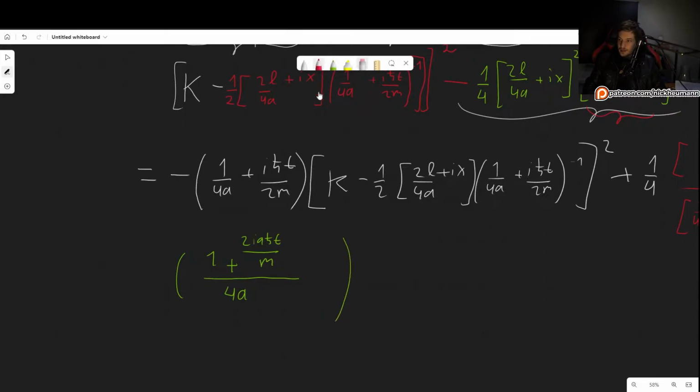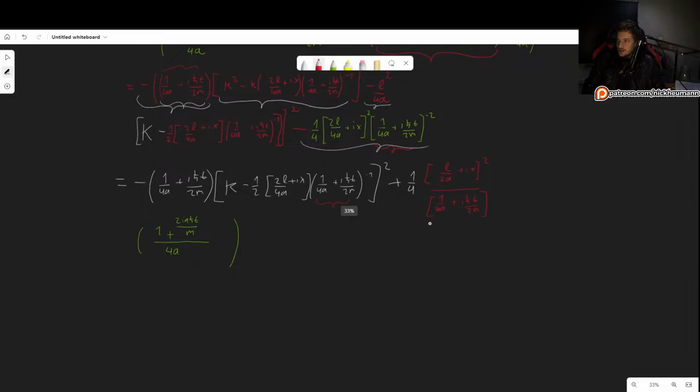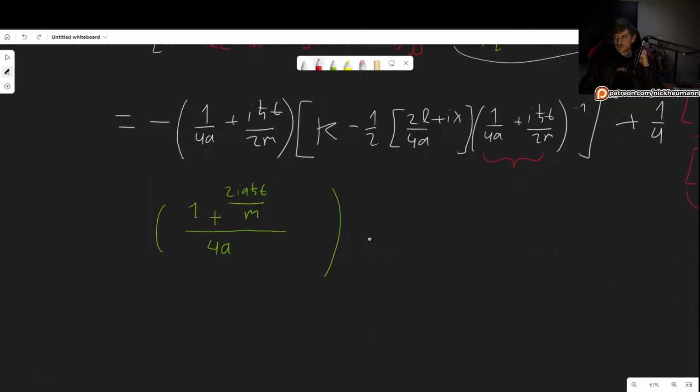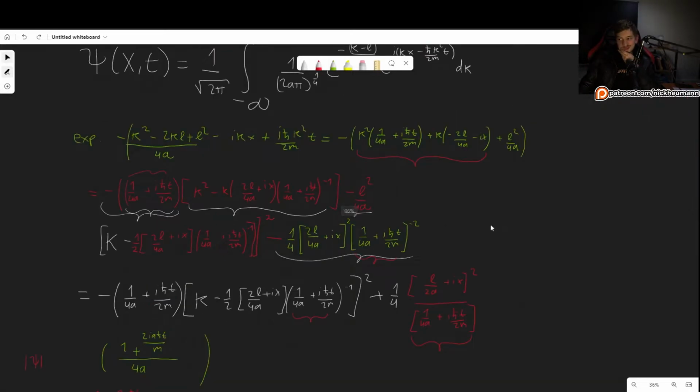And now, this is, of course, going to be the same as here, by the way, right? And the same as here. Now here we can define a new variable so that this thing becomes cleaner. I will use the same notation as Griffiths, so I'll define theta as 2a h bar t over m.